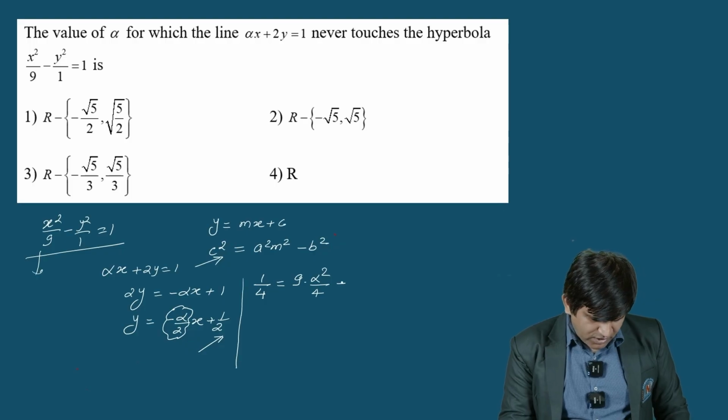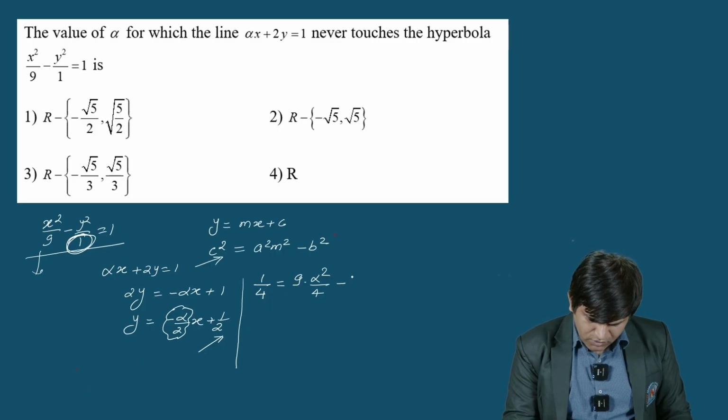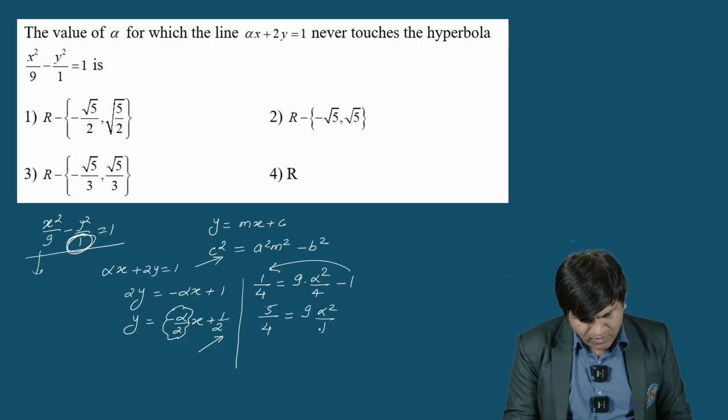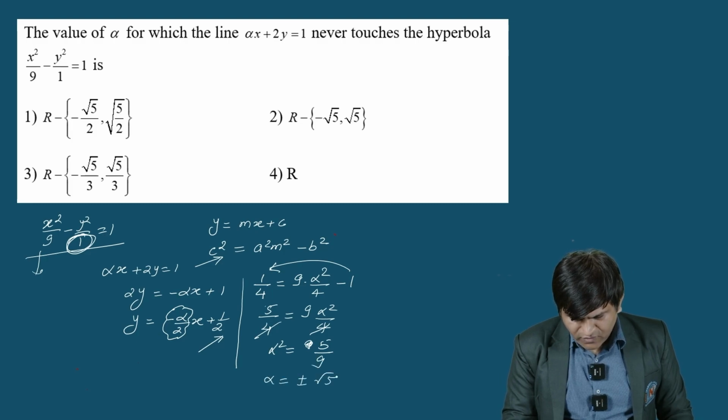And minus b square, where b square is 1, correct? So if we plug in all those values and shift, 1 by 4 minus 1, that is 5 by 4 equal to 9 times alpha square by 4. The 4 we can cancel, so alpha square equal to 5 by 9. So we are getting alpha equal to plus minus root 5 by 3.